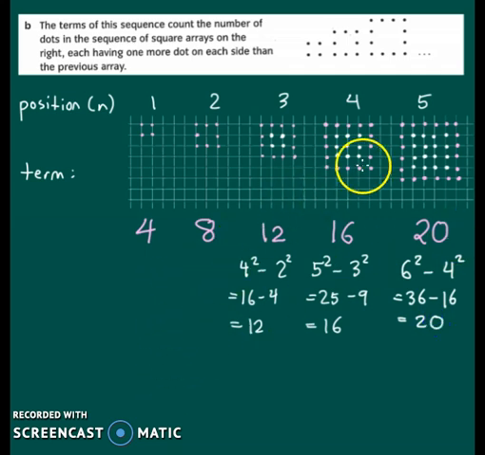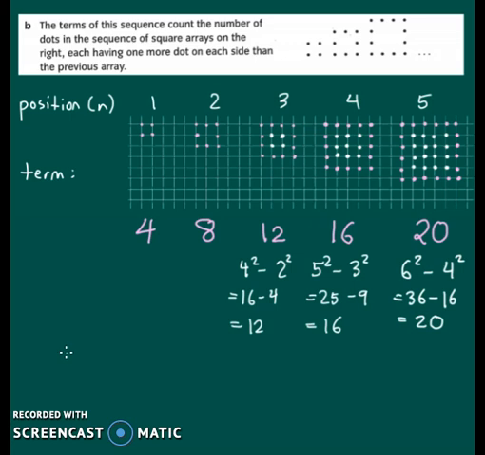So it seems like for every position, for example, position 4, we have a larger square that is made up of sides that have an amount of dots 1 greater than that position. So for position 4, we had sides made up of 5 dots. And then we have a smaller square in the middle that comes out that is made up of an amount of dots that's 1 smaller than that position.